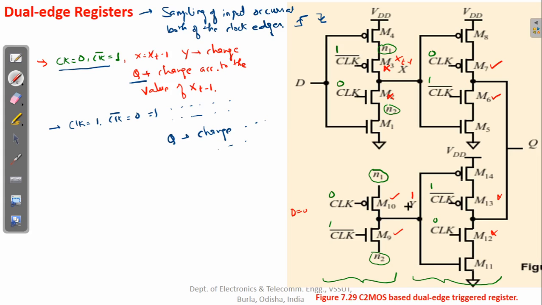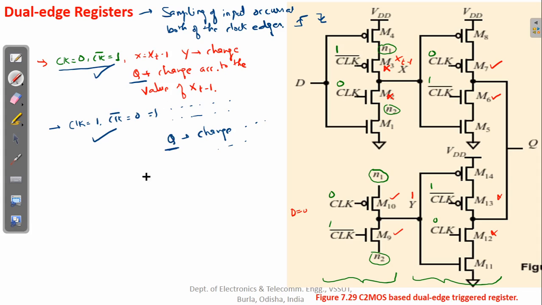This time this node will be the cause of the change in the value of the final output Q. So what I am trying to say here is the value of final output Q is changing under both of these conditions, when clock is 0 and clock bar 1, and also when clock is 1 and clock bar is 0.